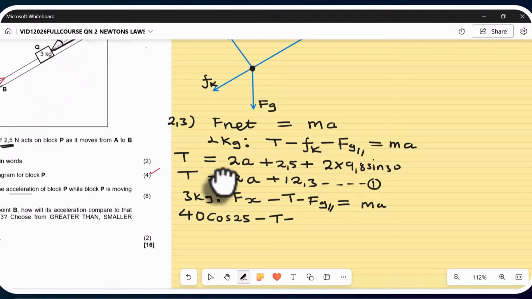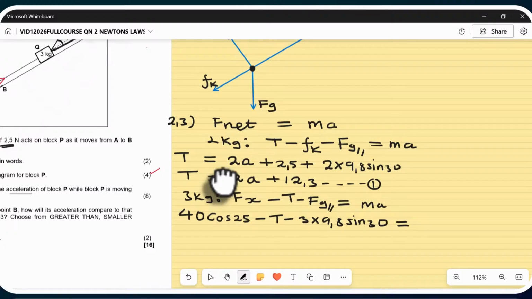If I simplify, 40 cos 25 minus 3 times 9,8 sine 30 gives me 21,55.